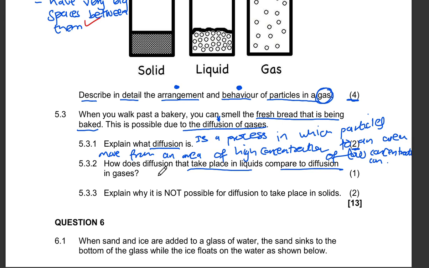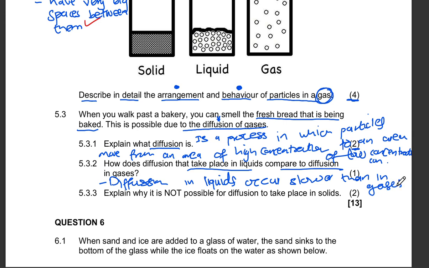Now, diffusion in liquids occurs slower than diffusion in gases. Or you can say diffusion in gases obviously occurs faster than diffusion in liquids.